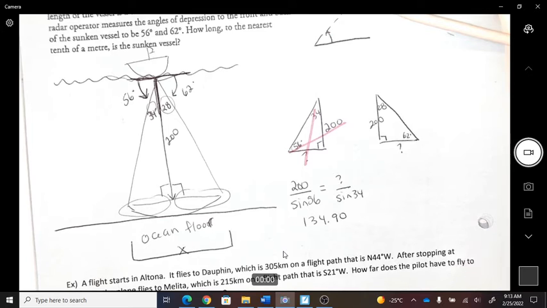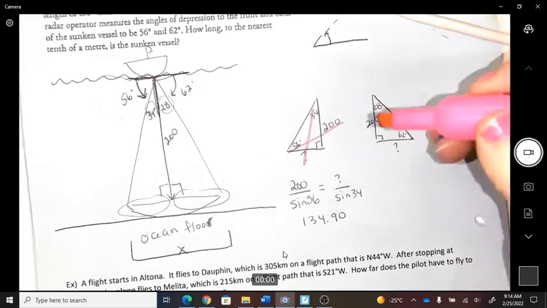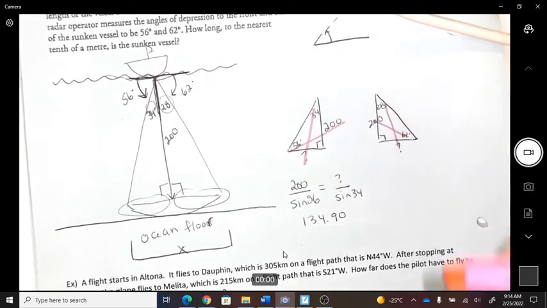Okay, check if we're getting the same. I got 134.9. Okay, now the other part, sine law, I'm going to go with those two pairs.